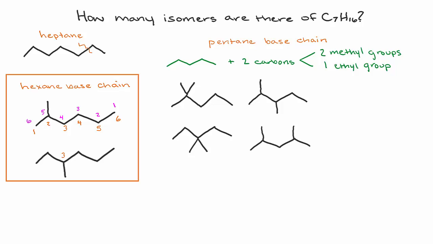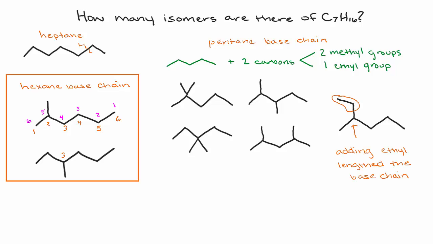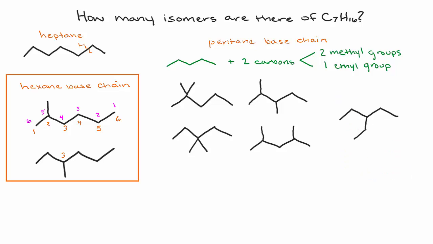Once the methyl options are exhausted, we move to the ethyl. Notice that if the ethyl group is added to the second carbon atom in the pentane chain, it will lengthen the base chain. The ethyl can only be added to the third carbon atom on a pentane base chain.